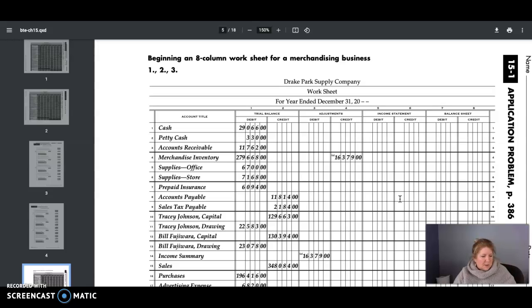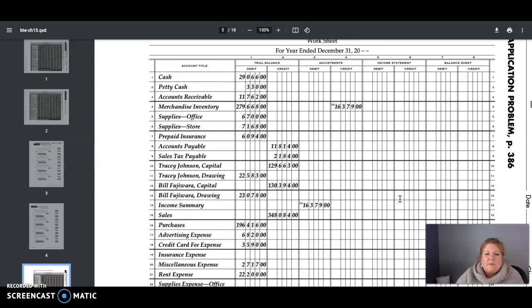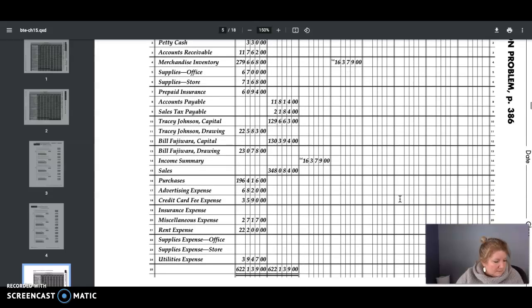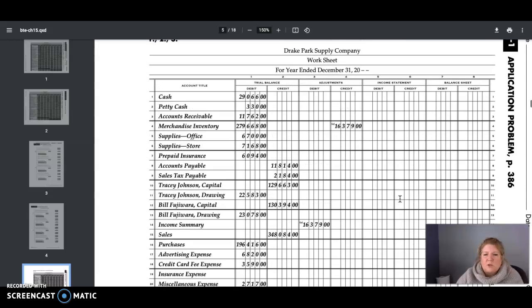So application problem 15.1, and these start in your book on page 386. You have your Drake Park Supply Company worksheet. You have all of your accounts, account values given to you in the book. So you put them into the worksheet.